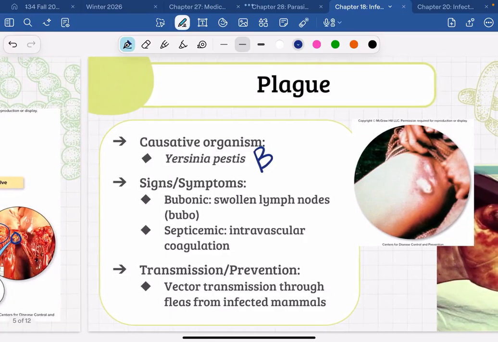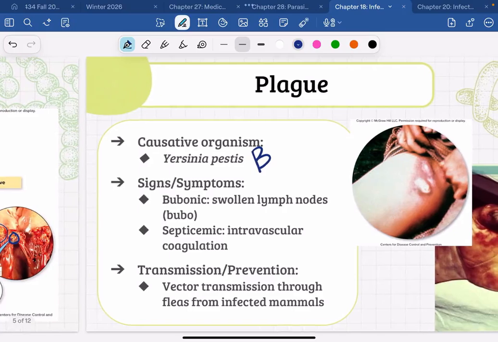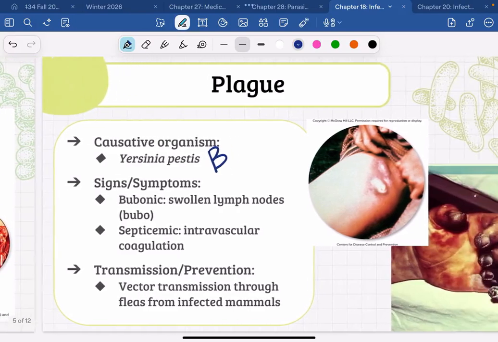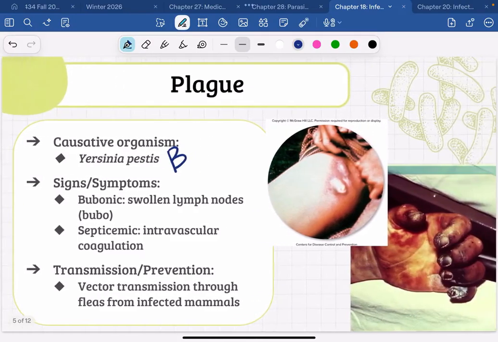Okay, so the main symptom of bubonic plague is incredibly swollen lymph nodes. You have inguinal, that's the fancy word for lymph nodes in your groin, but you can also have lymph nodes under your armpits. There are a lot of lymph nodes right underneath your neck.